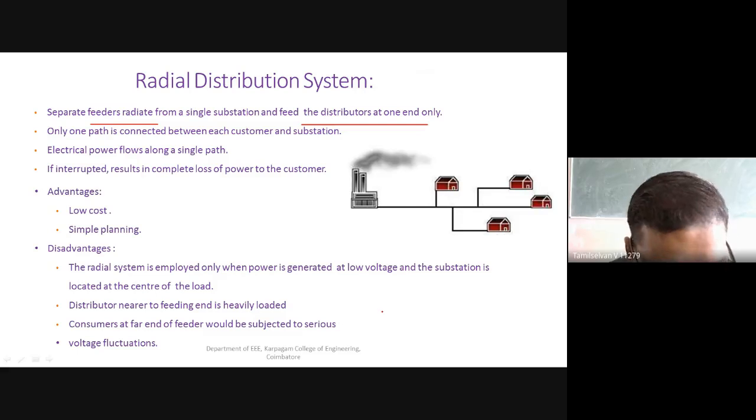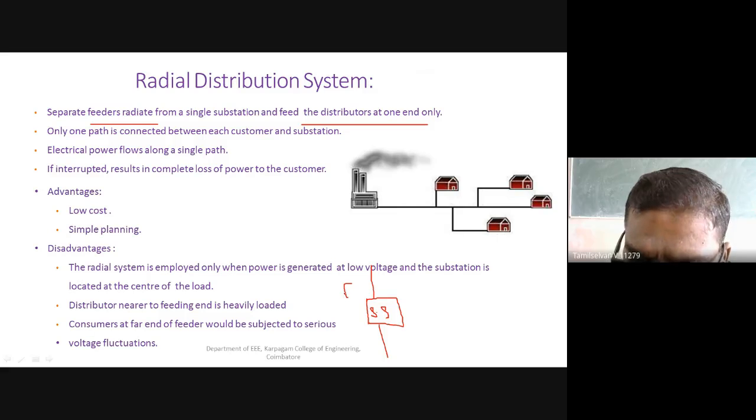Suppose I am having a substation. This is going to be my substation, and from the substation there will be feeders. I'm writing the letter F; F denotes the feeder.